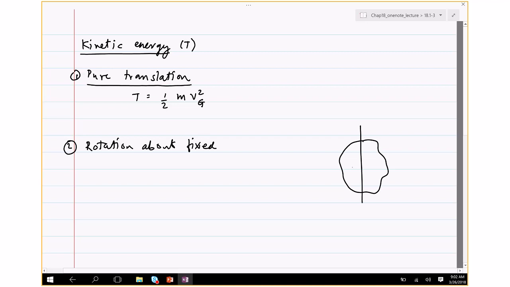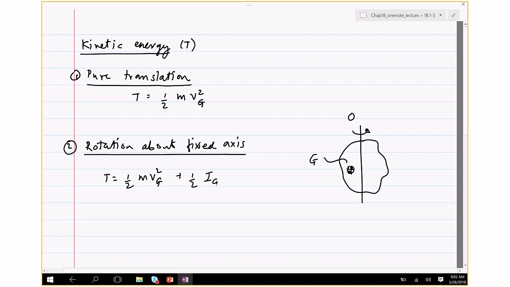So an object is rotating about O. You can write the kinetic energy two ways. One is to say that the total energy is half m vG square, where G is the center of mass, plus half IG omega square, where omega is the angular speed.